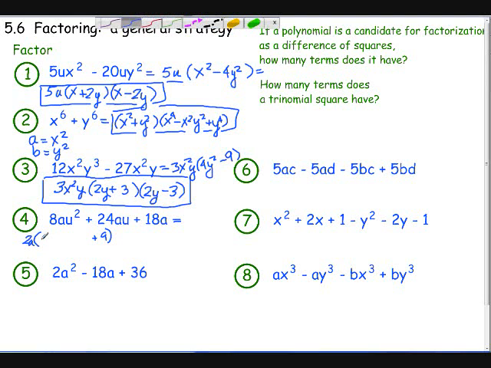All right. Okay, let's see. This would be 4u squared plus 12u. Now, I might have something. I'm not sure. If I multiply 4 by 9, I get 36. And I look for factors of 36 that when I add them up would be 12.